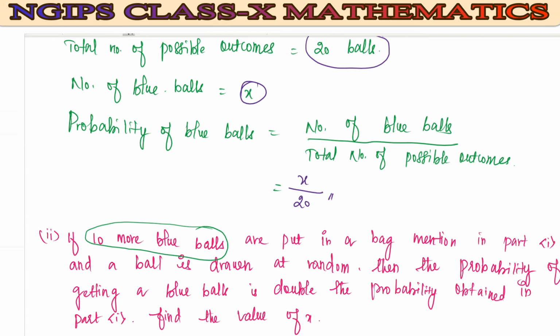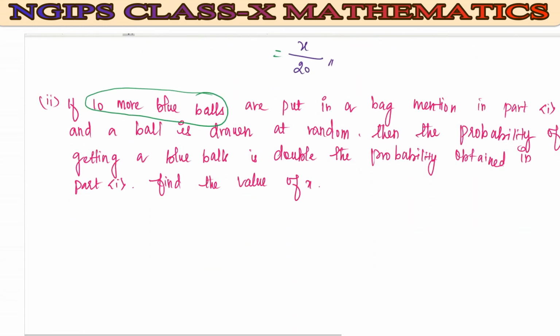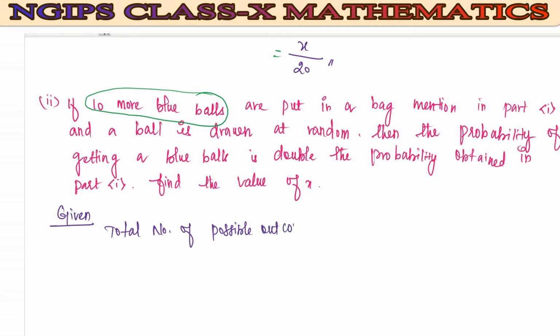So here we will get the total number of possible outcomes: already we have 20 balls, I have added 10 more blue balls, so in total it is going to be 30 balls.